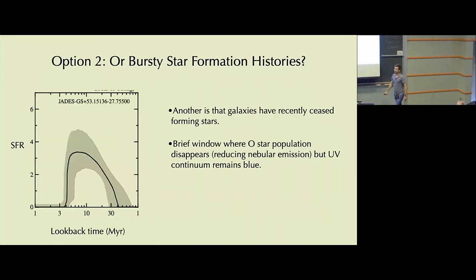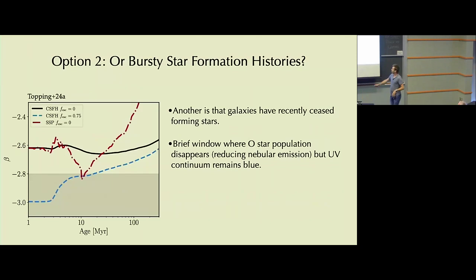What's the other option? I promised 2. The other is that we have bursty star formation histories, and these galaxies have recently ceased forming stars. So the O stars are starting to disappear and your nebular emission is going away. But you still have a blue UV continuum from the late O stars and the B stars that remain.